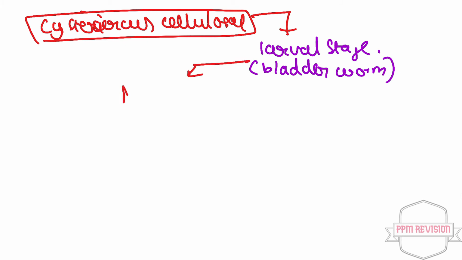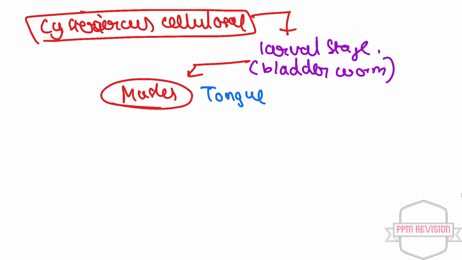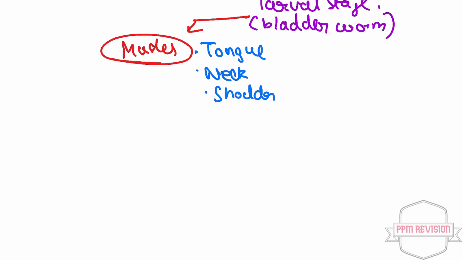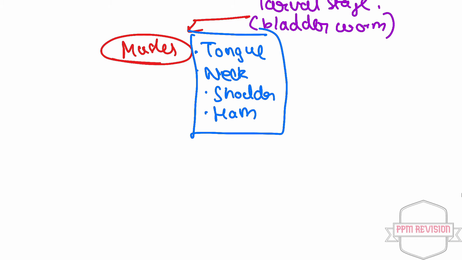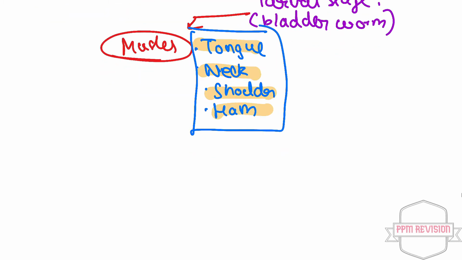It is not in all the muscles but in specific locations, like the tongue, the neck, the shoulder, and the ham. These are the top sites where it is present: the tongue, neck, shoulder and ham.